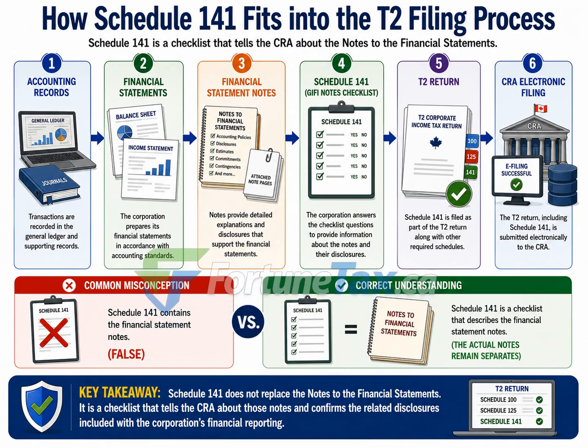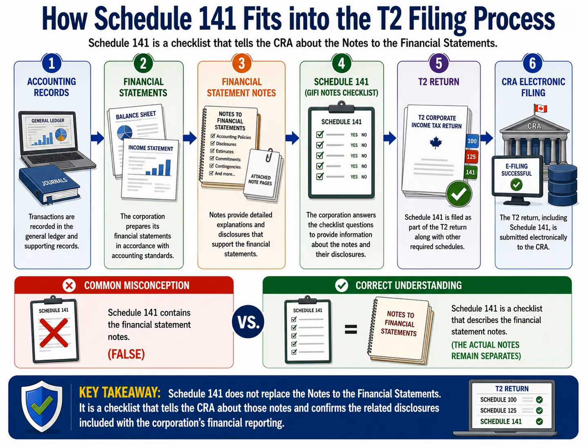The next step is preparing the notes to the financial statements. These notes provide additional explanations, accounting policies, disclosures, estimates, commitments, contingencies, and other important information that helps readers understand the financial statements more completely.